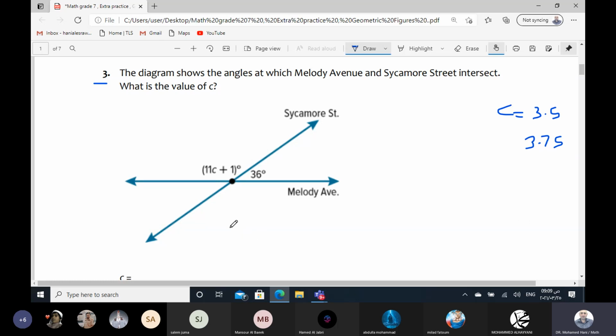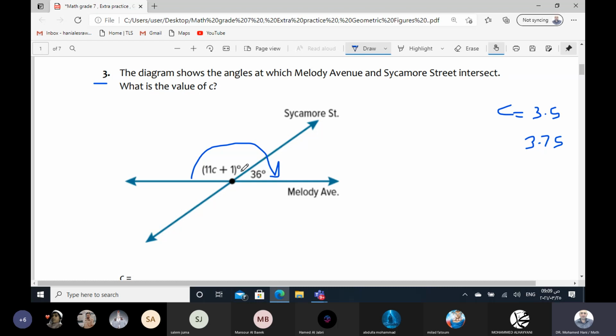Who can tell me what is the type of the two angles here? Verticals or adjacent? Adjacent. Now the sum of the two angles here will be, as you see, the straight angle.